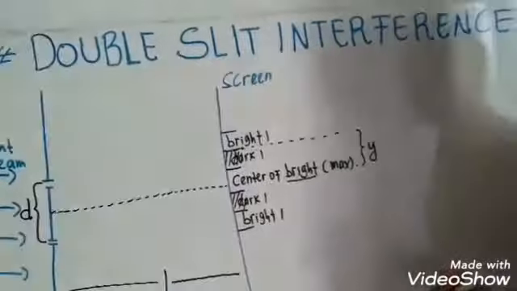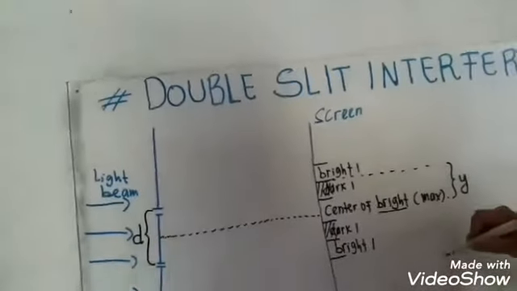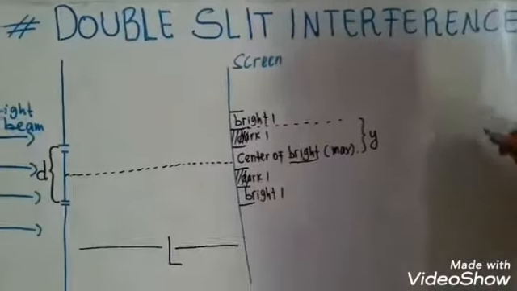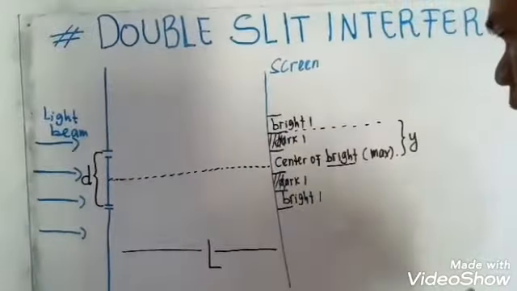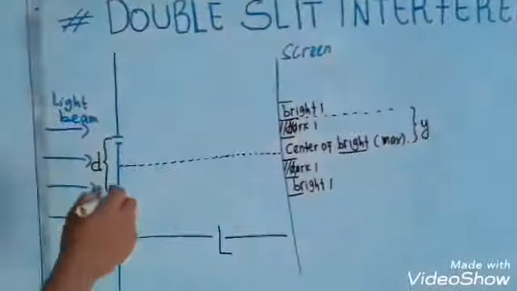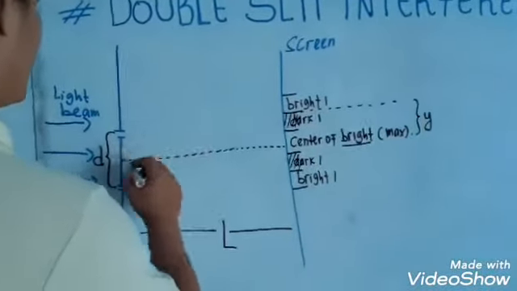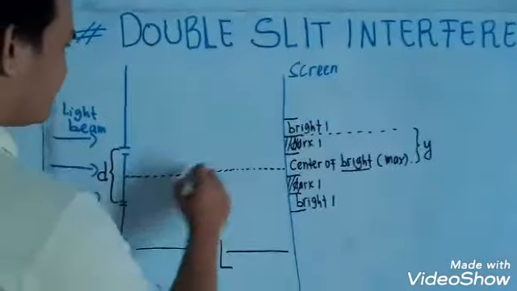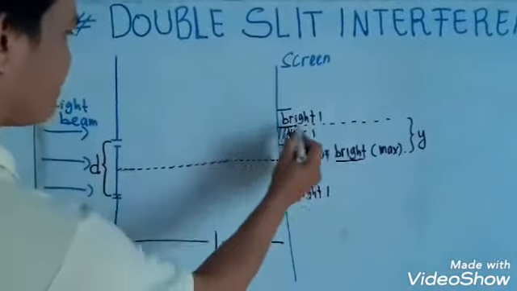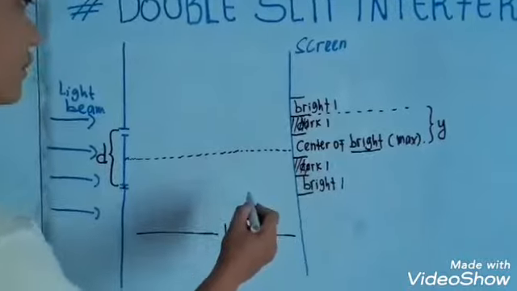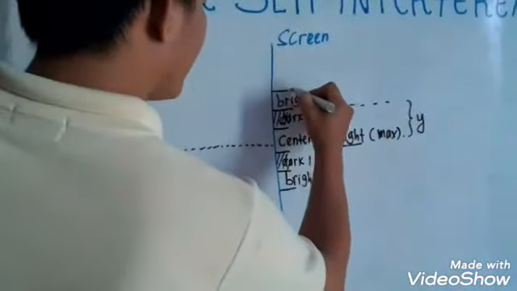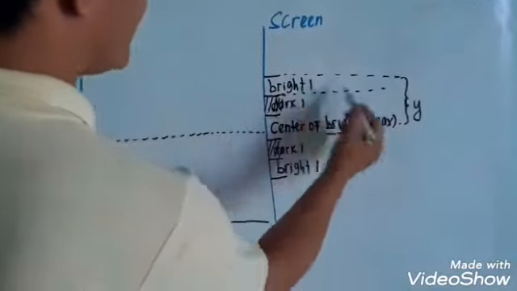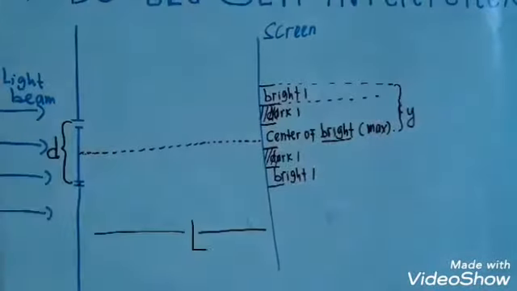So we are going to observe the equations of the double slit interference for the bright pattern. Okay? So if we draw the lines from this slit to the bright one, sorry, for y, the distance from the bright one to the center, which is y.